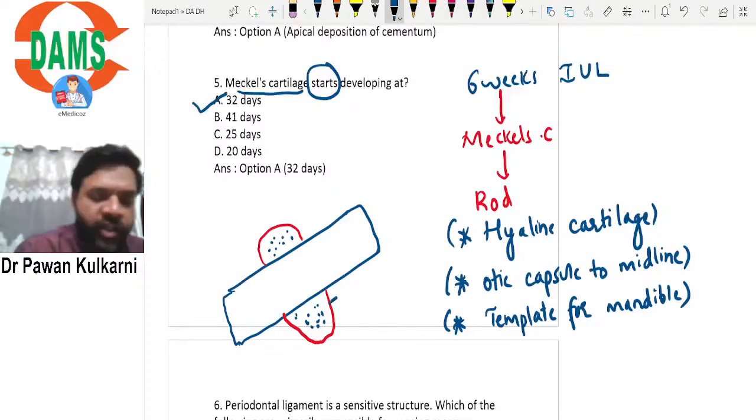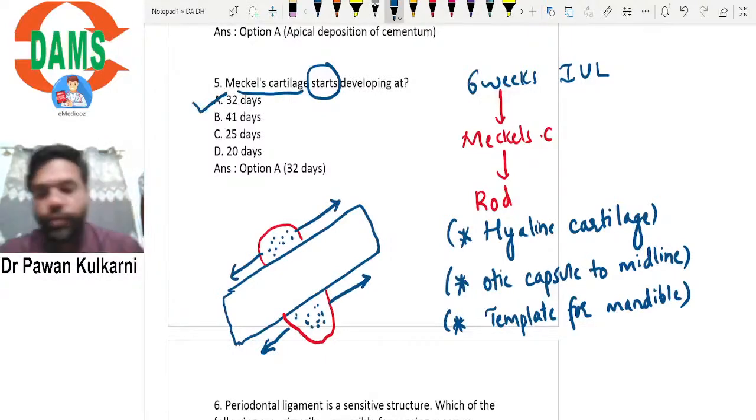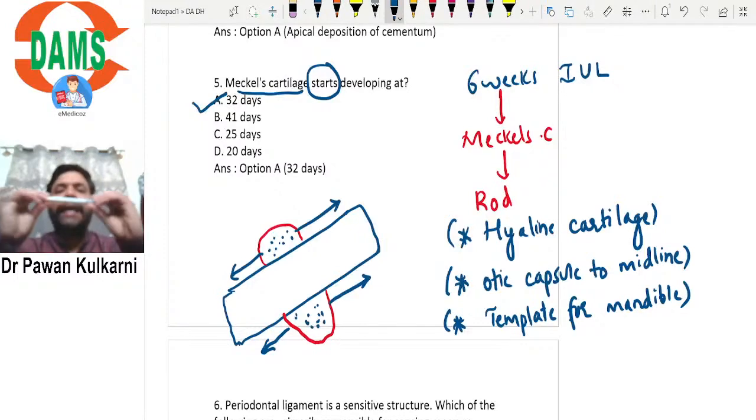So this ossification spreads in all directions and results in mandible formation. So basically, Meckel's cartilage is just going to act as a template. There will be a membrane around this template, and in this membrane, ossification takes place and that results in the mandible formation.